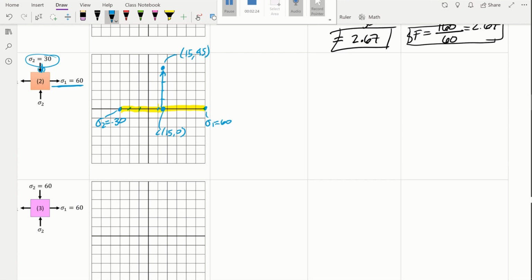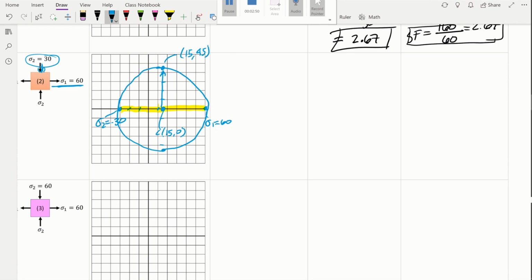If we draw the point at the bottom, 10, 20, 30, 45, it would take us over here. So let's go ahead and connect these points with some arcs so that we get a circle, more or less like this. So we have the circle between sigma 1 and sigma 2.